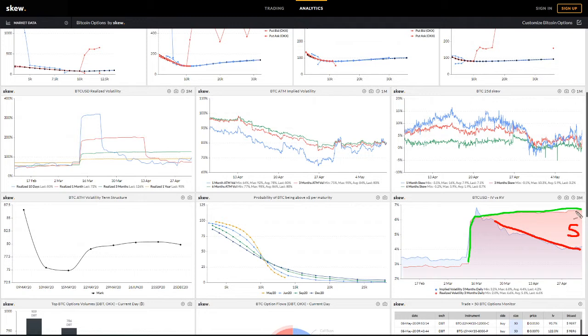A seller's edge is normally what we see in most markets all the time: implied volatility is usually overstated, and that's something that you can sell. In this case, we're not seeing that. The realized volatility is staying relatively constant. However, the implied volatility is constantly understating the forward movement, which is curious to me.